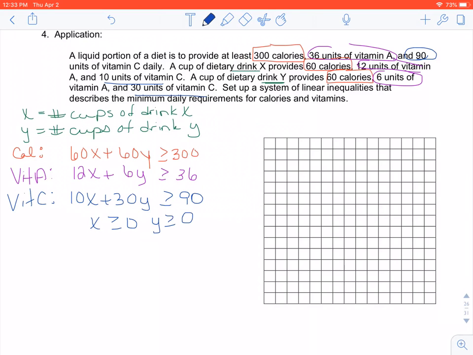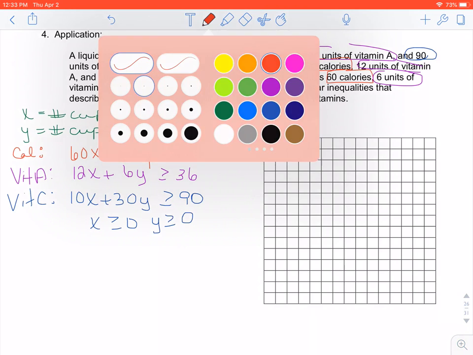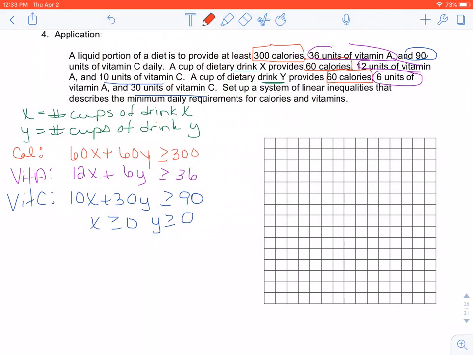Of course, to graph, we need to put these three inequalities in y equals form. And they look like they could be ugly, but I think they're going to work out pretty nicely. So that first inequality, y greater than or equal to, if we take the x to the other side, divide by 60, we would have negative x plus 5.